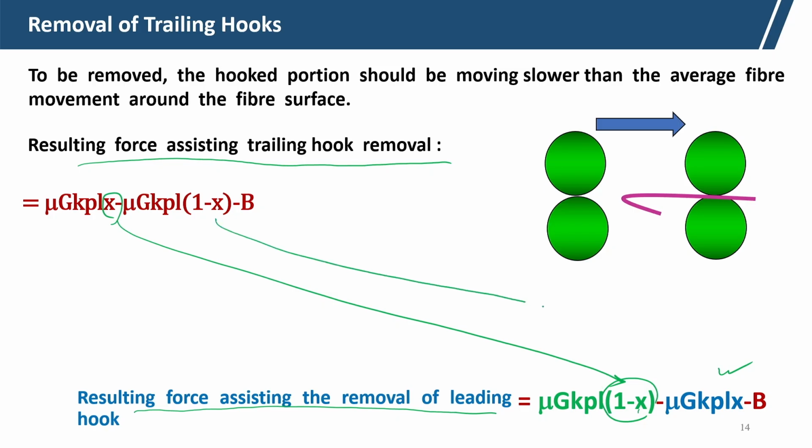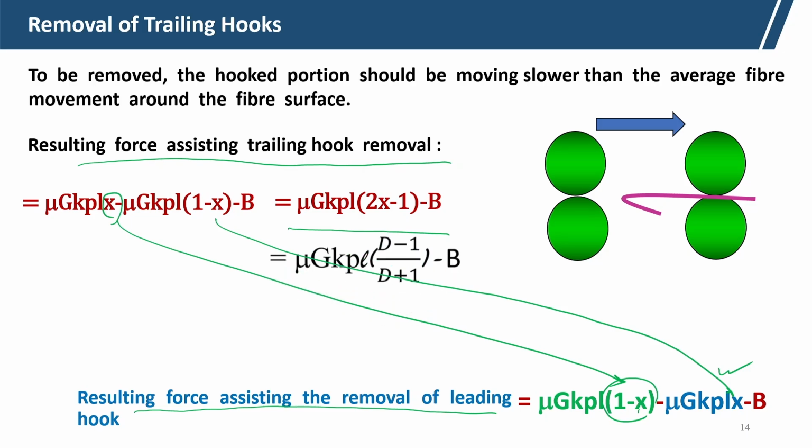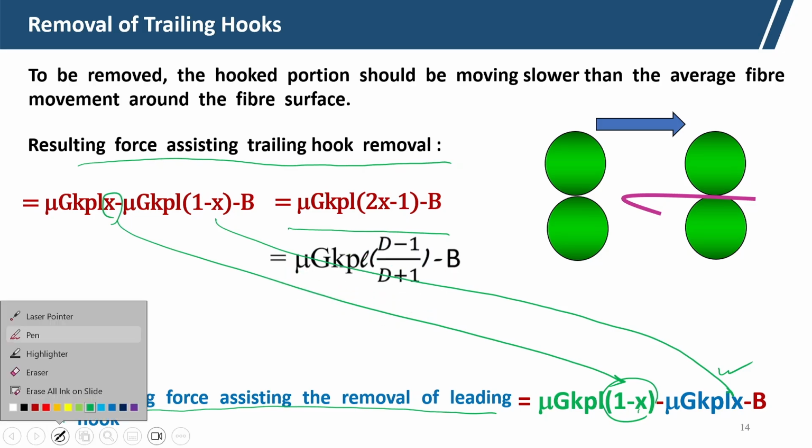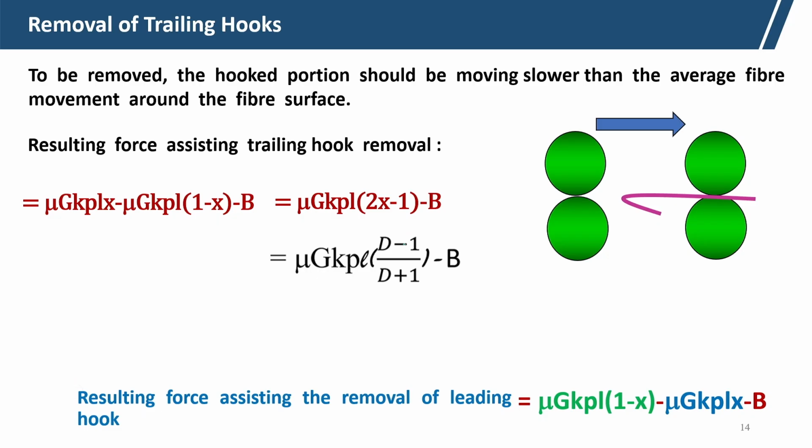The same equation will be there, but only the proportion will change and we get this relationship: mu g p l multiplied by 2x minus 1 minus b, and for 2x minus 1 we have got d minus 1 by d plus 1.